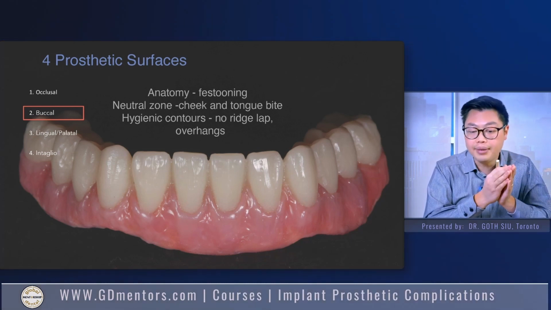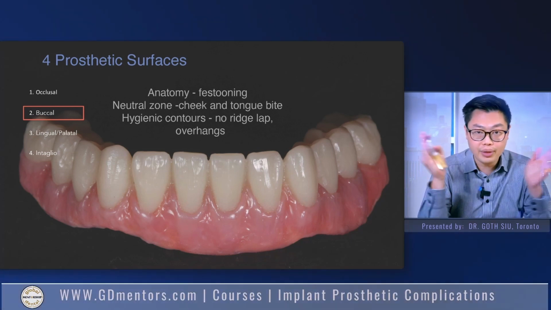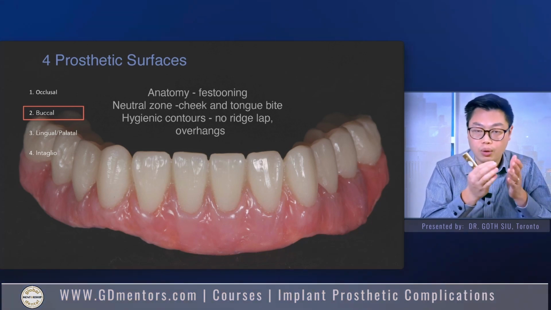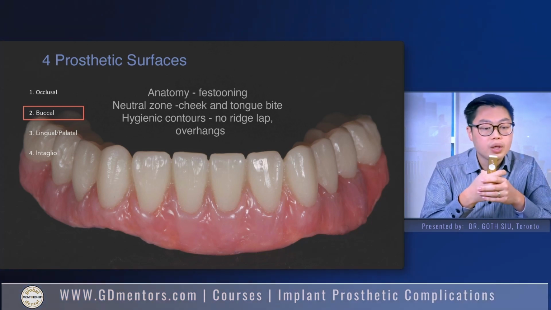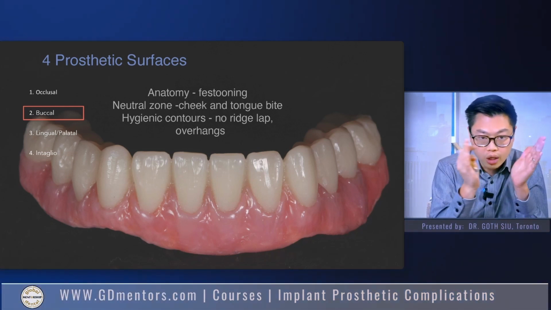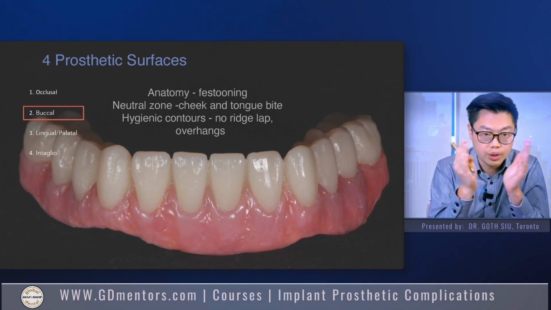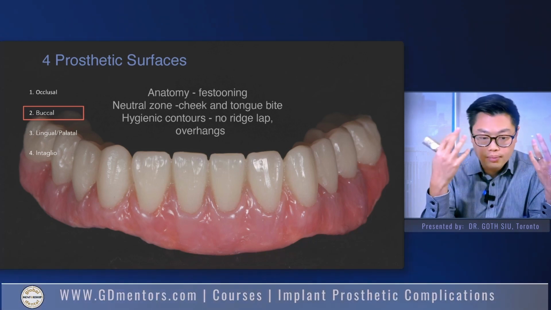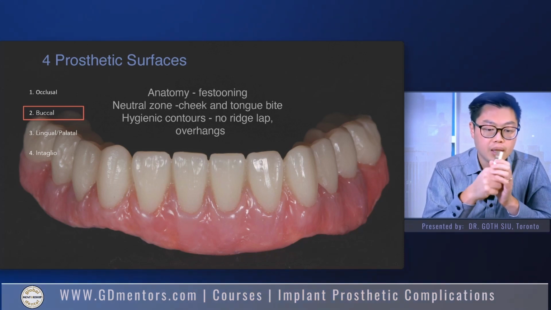If the teeth in the prosthesis are beyond this zone, the patient is going to constantly bite their cheek or their tongue, okay? This is a concept from dentures, right? All their teeth should be in this zone between your lips and cheeks and your tongue, so that you don't bite your cheek or tongue, okay?